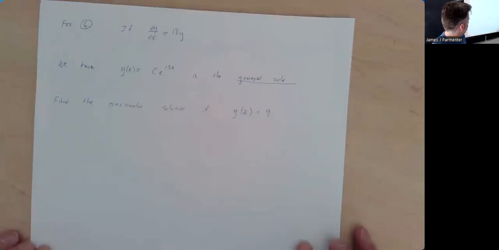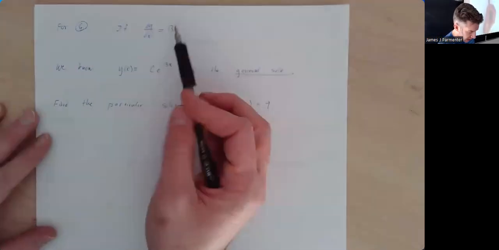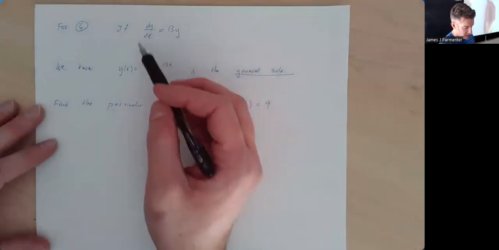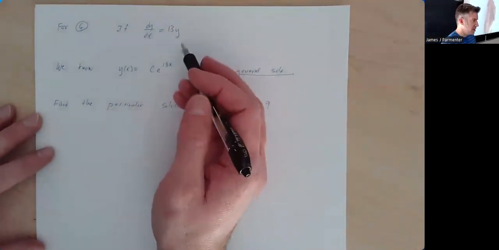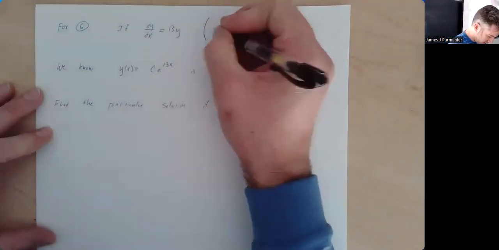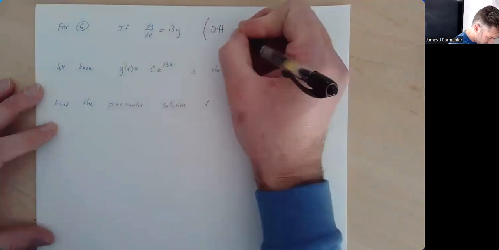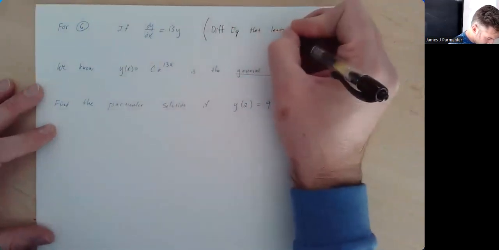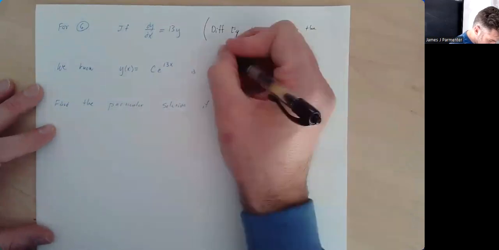So you'll probably see this type of differential equation often because it comes up a lot, where the derivative is equal to a multiple of your function. This is just your differential equation that leads to the exponential growth model.